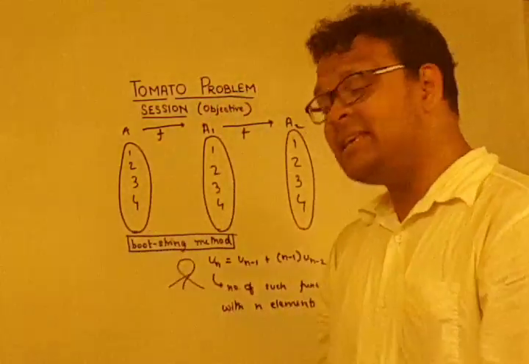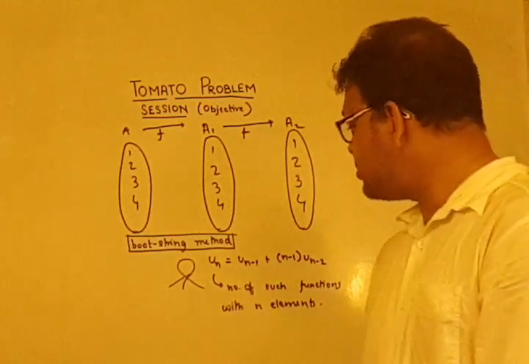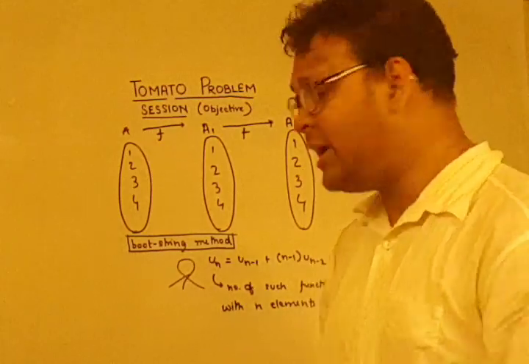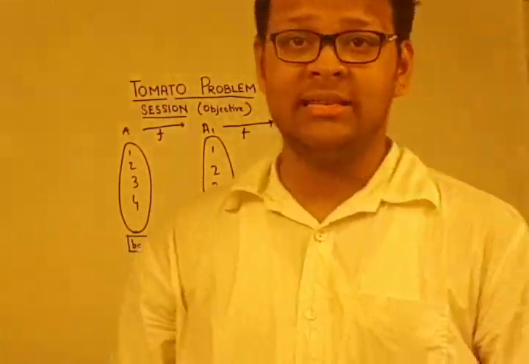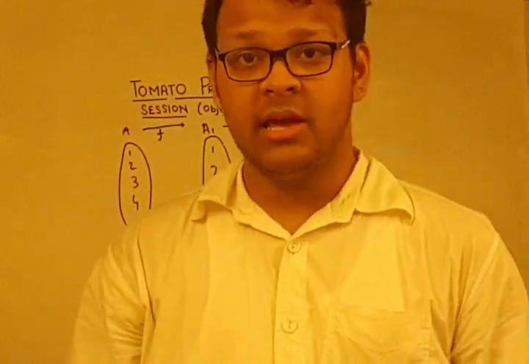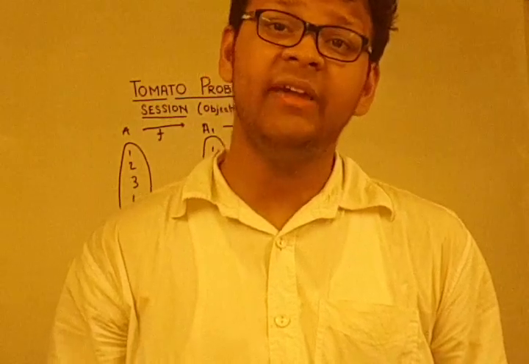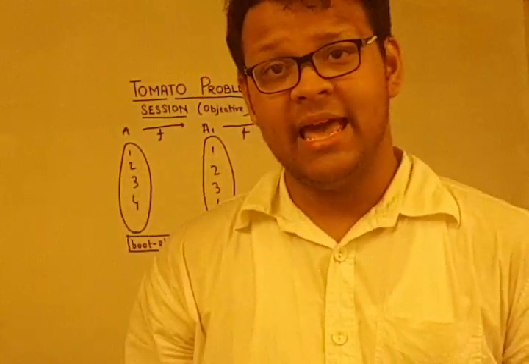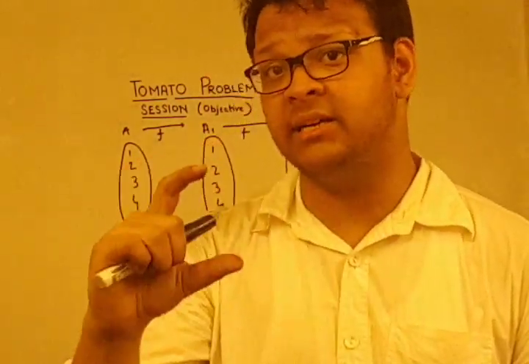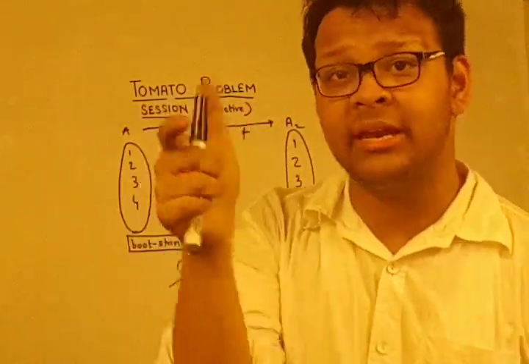So let's consider that f has n elements and I want to find the number of maps. What if f has n minus 1 elements? Can I devise a method so that I can approach from the (n-1)th element to the nth element?